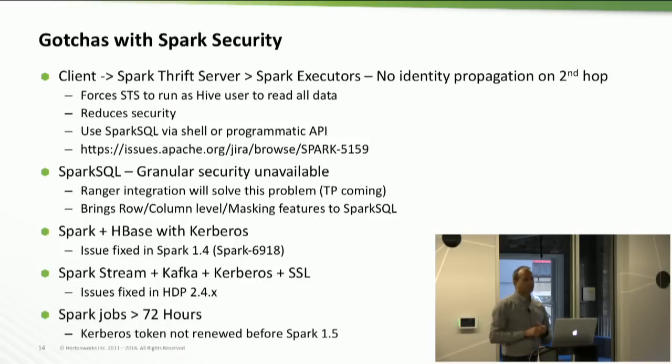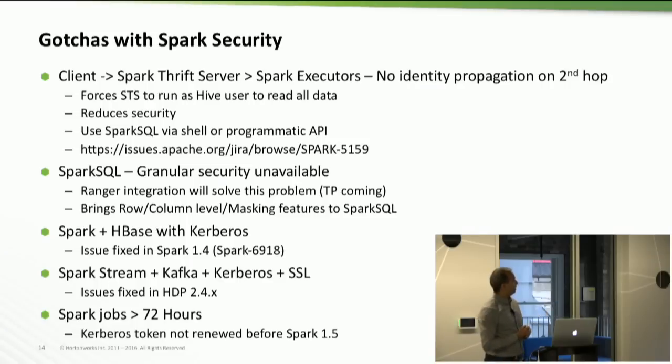The Spark thrift server is based on Hive's thrift server, but it's a copy that was forked from Hive about 2 years ago, or maybe even more at this point. It didn't have any identity propagation enabled, and that is still an issue right now. Your client can connect to the Spark thrift server and authenticate itself, but the Spark thrift server doesn't send that identity downstream. That's problematic because downstream, you don't know who the user was.